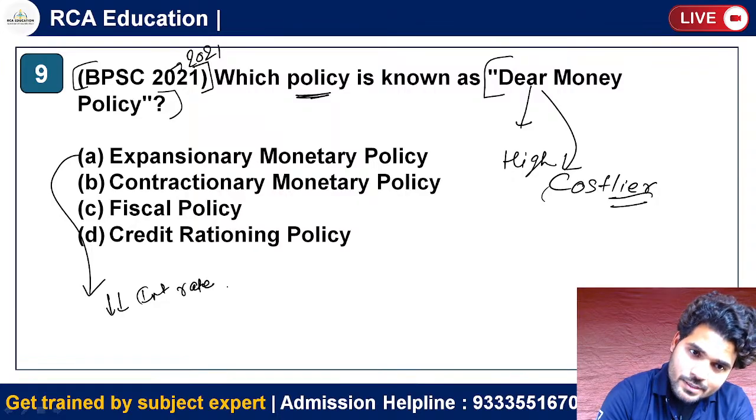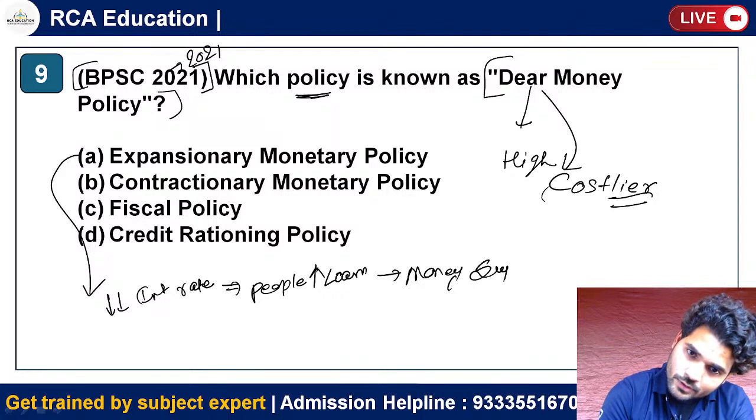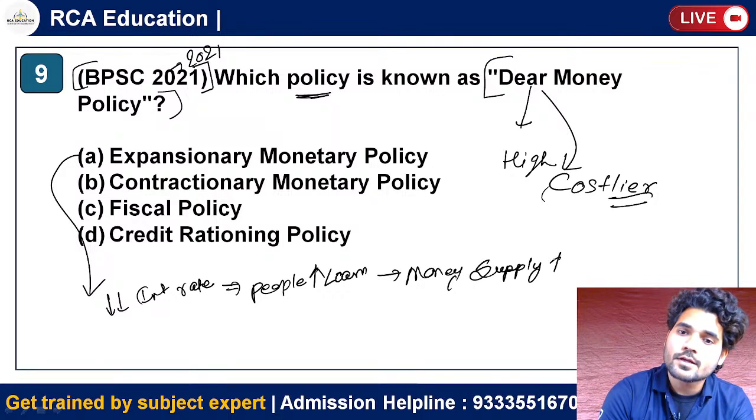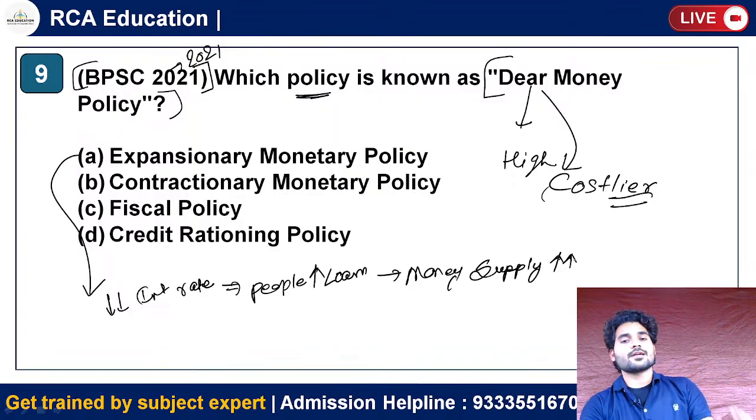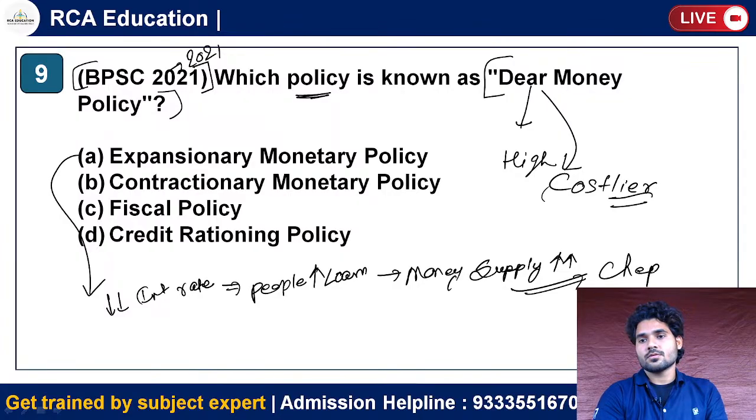If there is a lower interest rate, people can take more and more loans. So loans will increase, and when loans increase, money supply will also increase in the market. It means money is not costlier; it is cheaper. So this is not the answer.